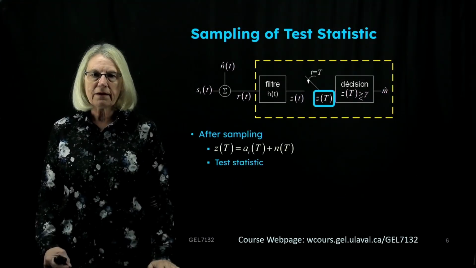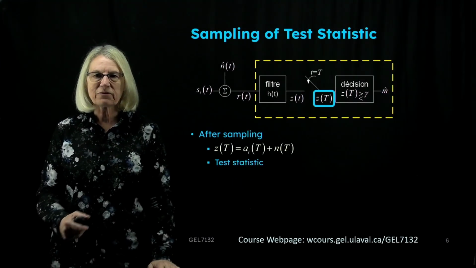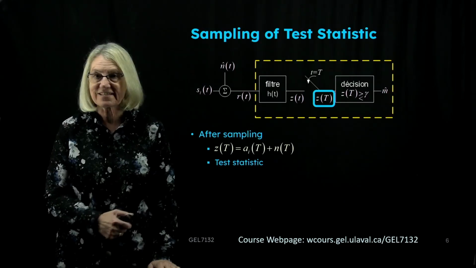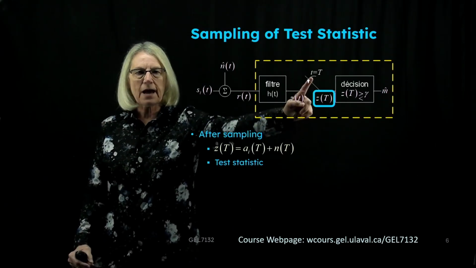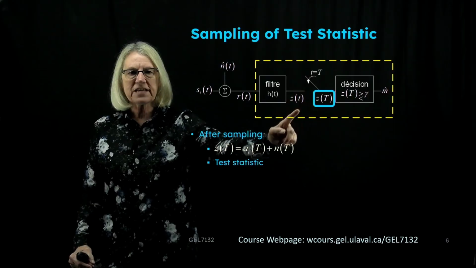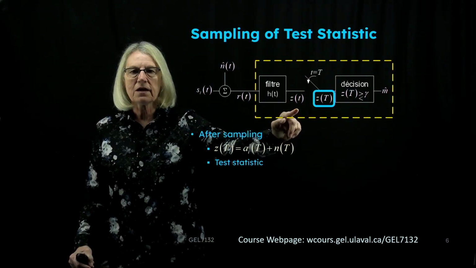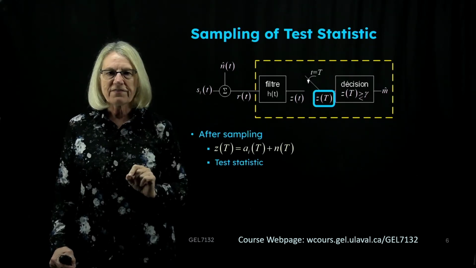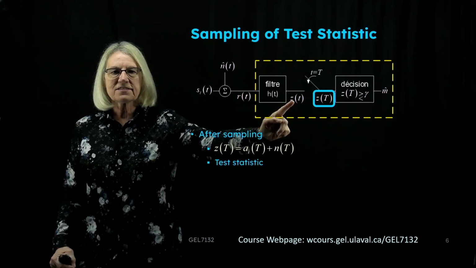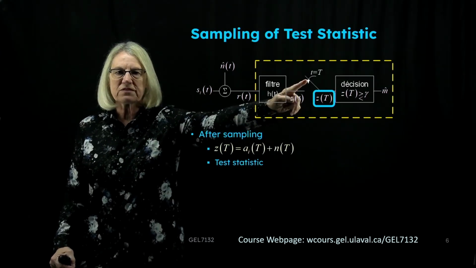The next step in this linear sampling receiver is the sampling. We saw the linear part, that's the filtering. And now we have this operation here, which is showing that we're taking this continuous time signal and we're extracting from it one number. And this number is the output of the filter at a specific sampling time.